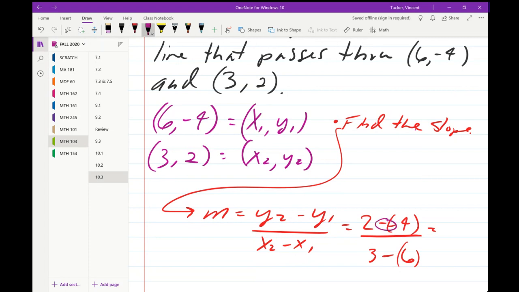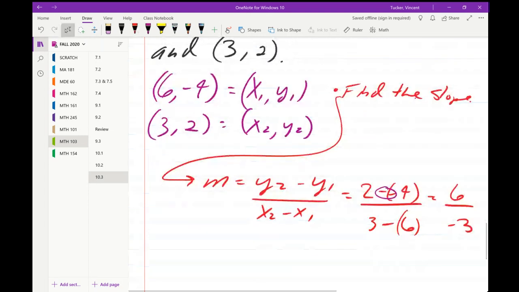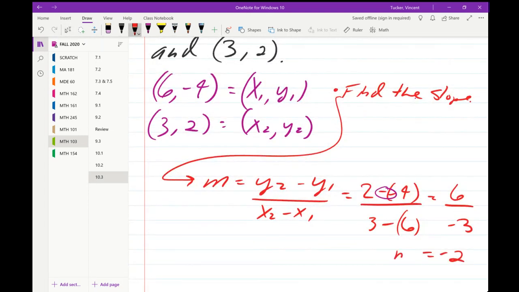Once again, negative to a negative turns positive. So the 6 on top. On bottom, 3 minus 6 is negative 3. So my slope is negative 2.